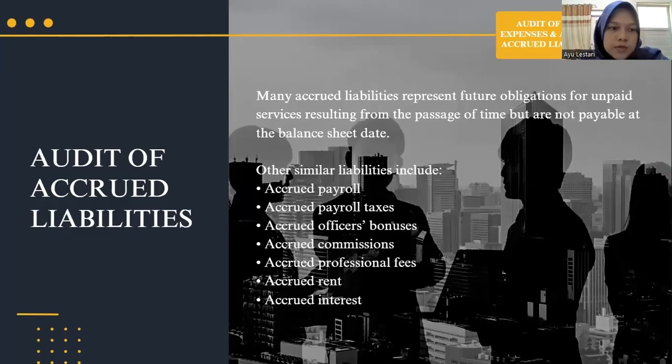Next topic is about the audit of accrued liabilities. Many accrued liabilities represent future obligations for unpaid services resulting from the passage of time but are not payable at the balance sheet date.